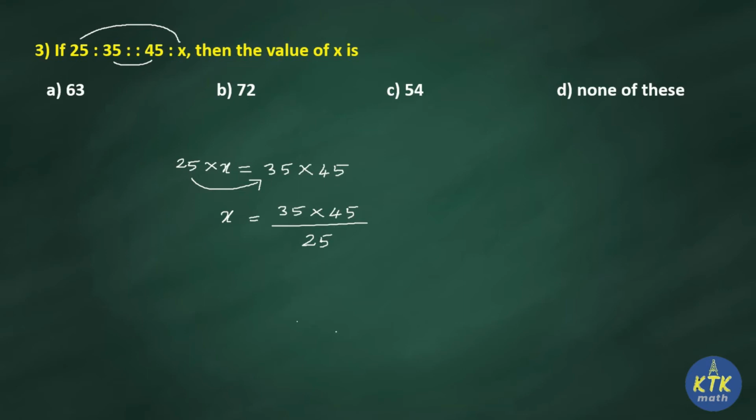All three numbers are multiples of 5. 5 5s are 25, 9 5s are 45. Again 5 and 35 you can cancel 7 times. So no number remains in the denominator, and in the numerator 7 9s are 63. Therefore the value of x is 63. That question's answer is 63.